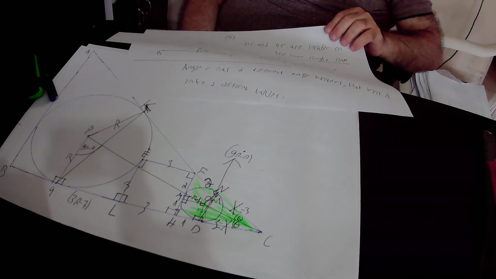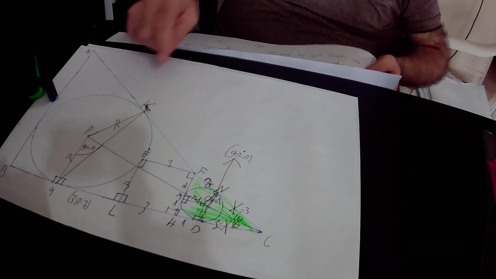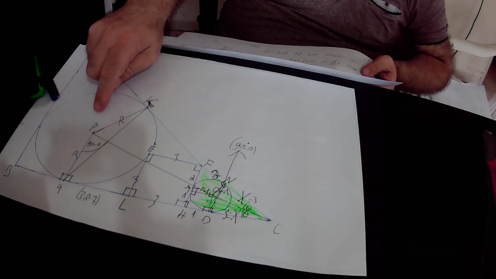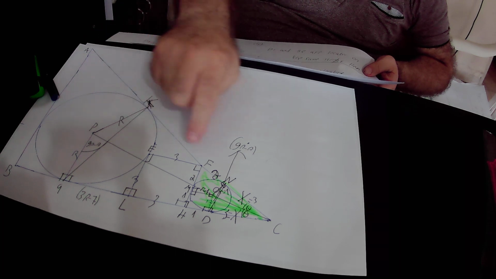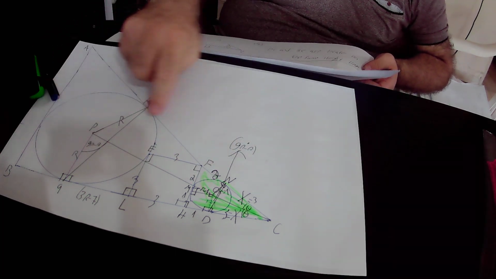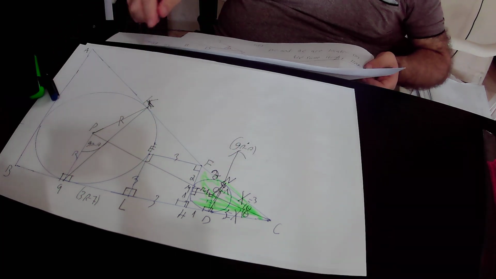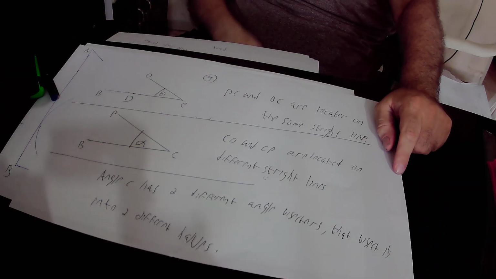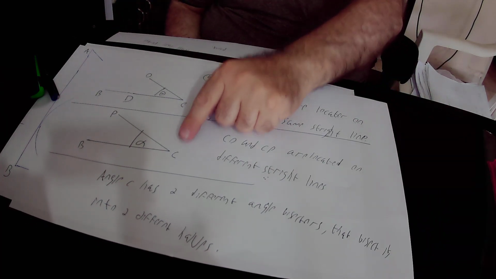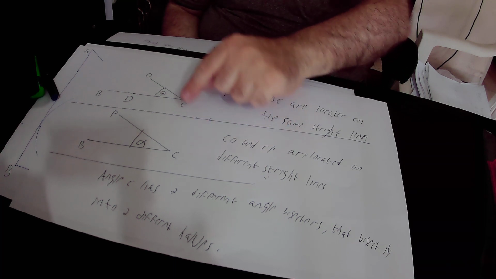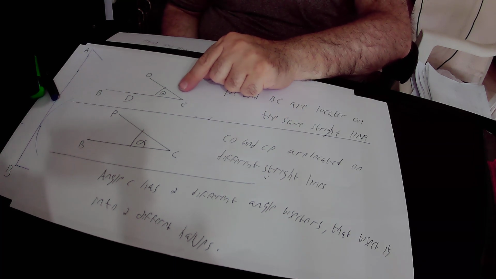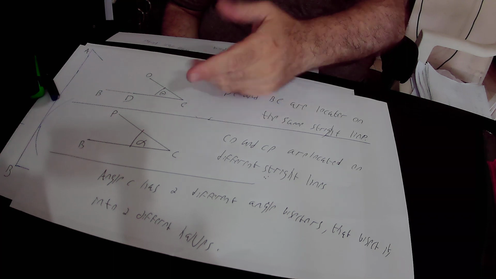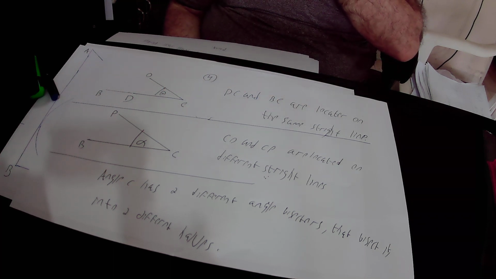Then I copied the second angle that we have here. The second angle is angle PCB. So this is angle PCB, and BC is located on the same straight line as CD. So they have a common leg.